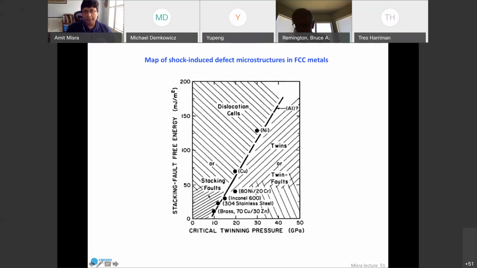And higher shock pressure and low stacking fault energy will give twins. And that continues on. If you want to get twinning in nickel, you'll have to go to higher twinning pressure than, say, in case of brass. This is a very simple way to map it out and see where you would expect deformation twinning as a function of the material property and as a function of the critical twinning pressure under shock deformation.